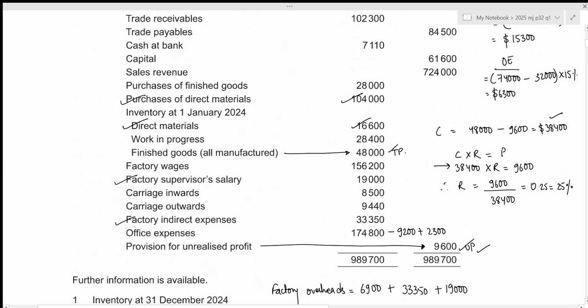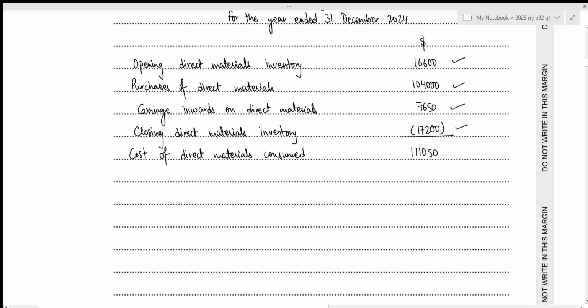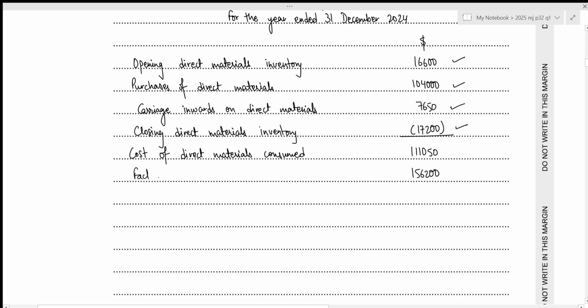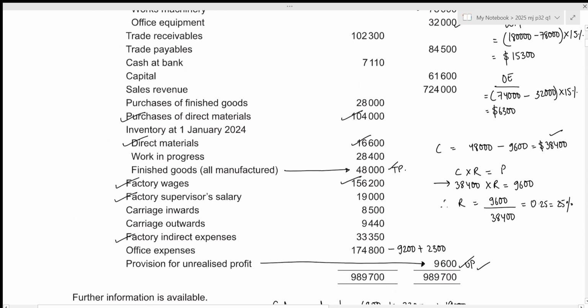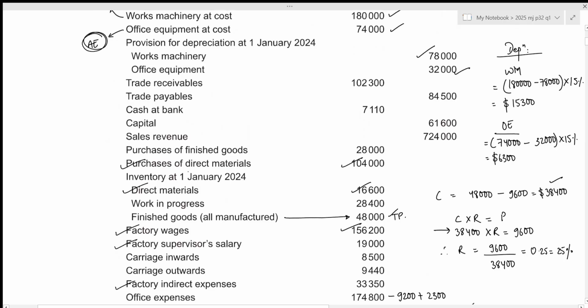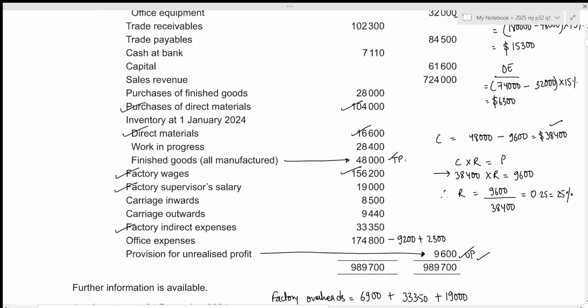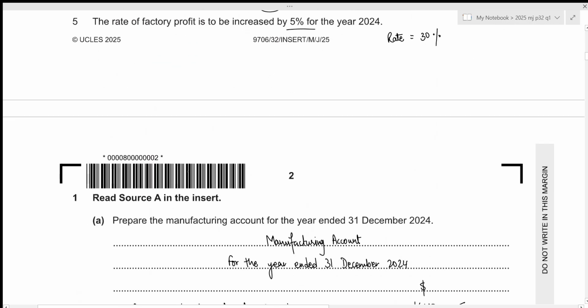In this case, we have factory wages, which is the direct labor, 156,200. That's our factory wages. All right, I don't think we have any other direct expenses. So that should be all.